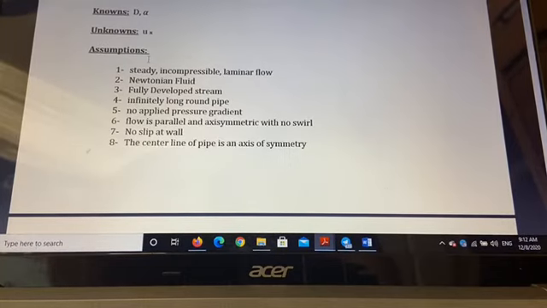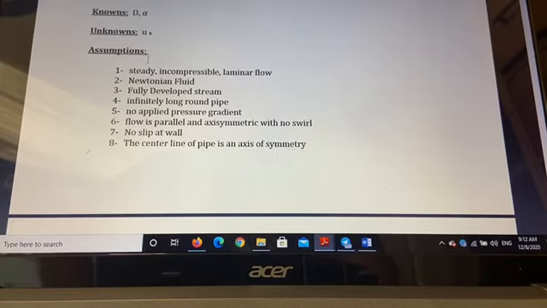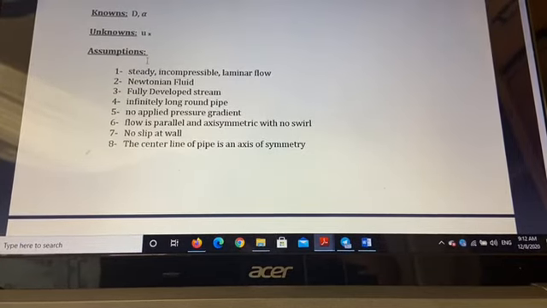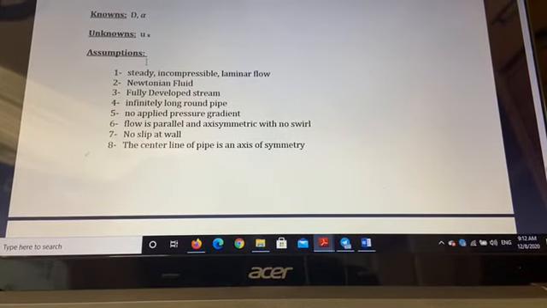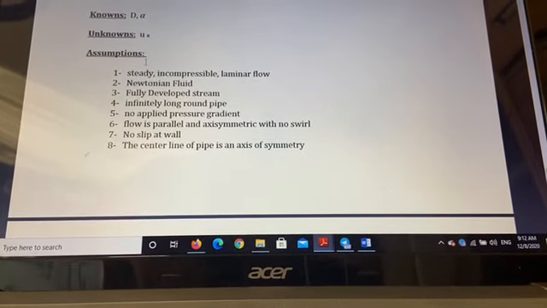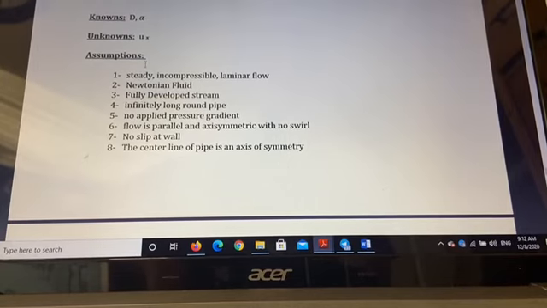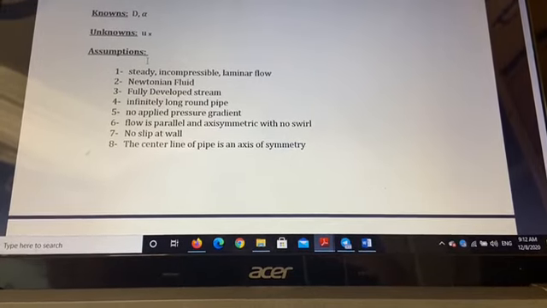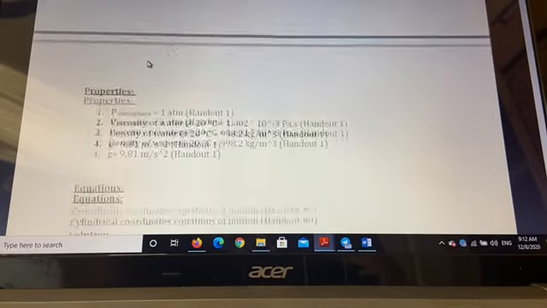It's a Newtonian fluid. It's a fully developed stream in an infinitely long round pipe. No applied pressure gradient, and flow is parallel and axisymmetric, with no rotation. We assume no slip at the wall for a boundary condition as well, and the center line of the pipe is the axis of symmetry, so no flux at the center as well.